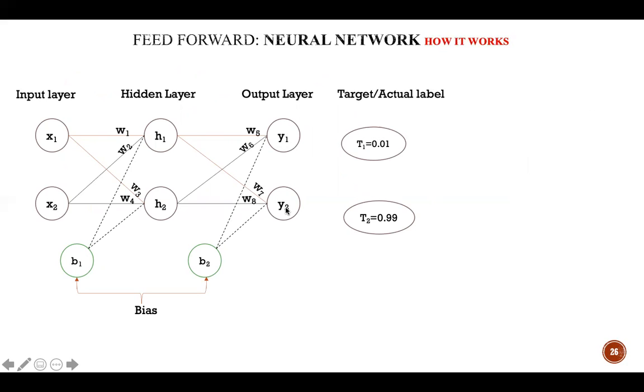Now in practice, these two numbers I need to compare with the actual label, or my target. Because I have two outputs here, it means that I have two labels, or two targets. Let's assume that the first target is equal to 0.01 and the second target is equal to 0.99.